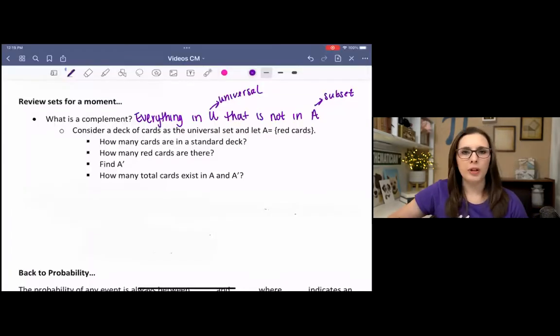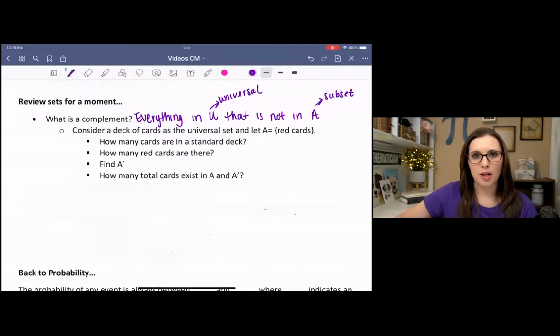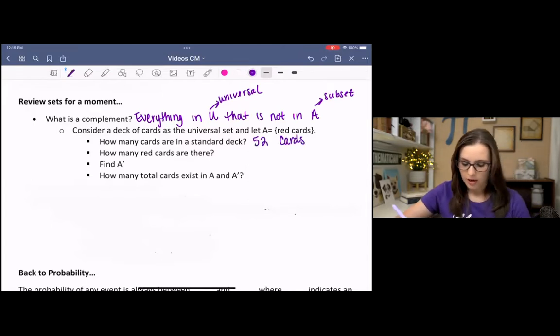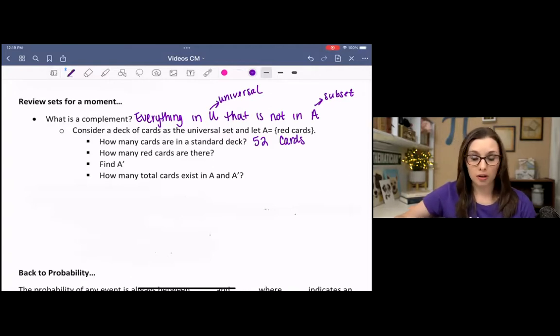I have an example down here. If we consider the universal set a standard deck of cards, and we call subset A red cards, first we want to talk about how many cards are in the universal set. In a standard deck of cards, there are 52 cards. How many red cards are there?